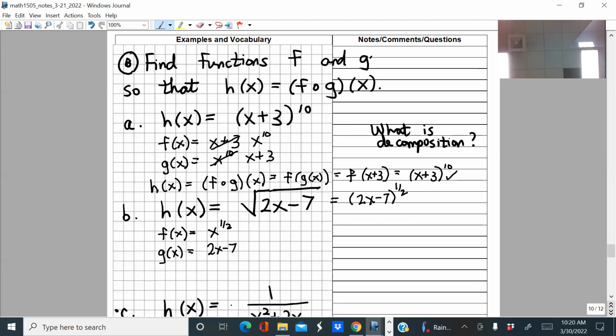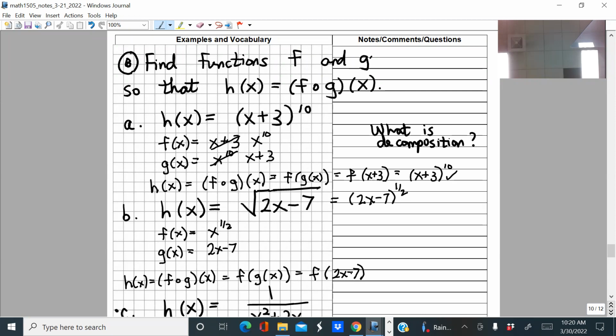And now let's just check that. So f compose g of x, I want that to turn out to be h of x, right? So let's see if that works out. So we get f compose g of x, that's f of g of x, but g of x is 2x minus 7.